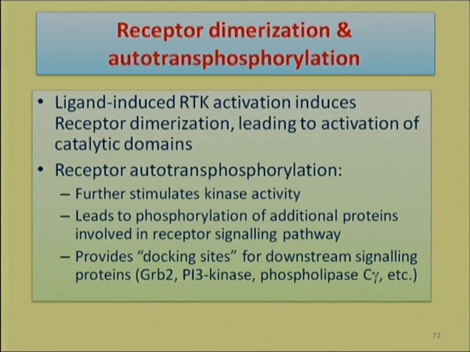One particular unit will stimulate the phosphorylation activity in the other unit, and the other unit will do the same to the first. So the two units of the receptors will phosphorylate each other, and that is called autotransphosphorylation. Auto means from self, trans means of each other, and phosphorylation is the addition of the phosphate group.